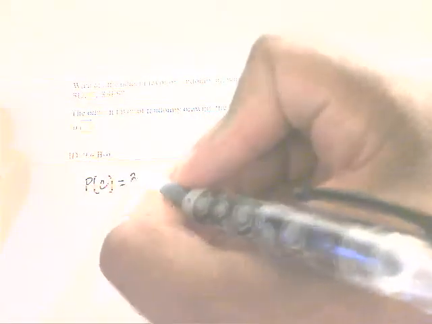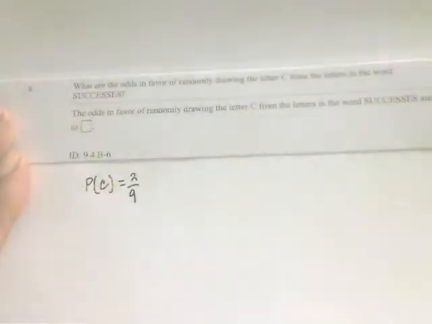Let's look at the probability of drawing the C in the word successes. There are, in this case, 9 letters in the word successes. 2 of the letters are C. So the probability there of drawing a C would be 2/9.